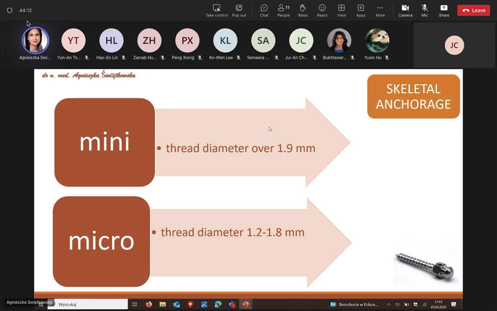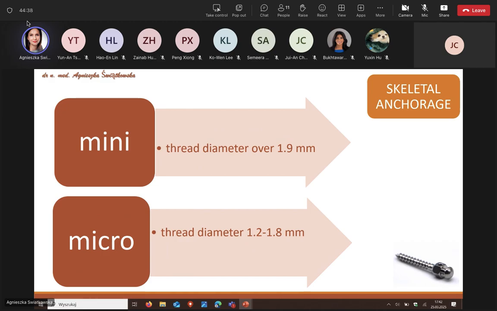Thread diameter over 1.9 is mini, and in micro, it's less than 1.8. And in fact, all the orthodontic implants are micro screws. We rather don't use this kind of diameter. So you can see here 1.2. It's very, very small, very, very thin.